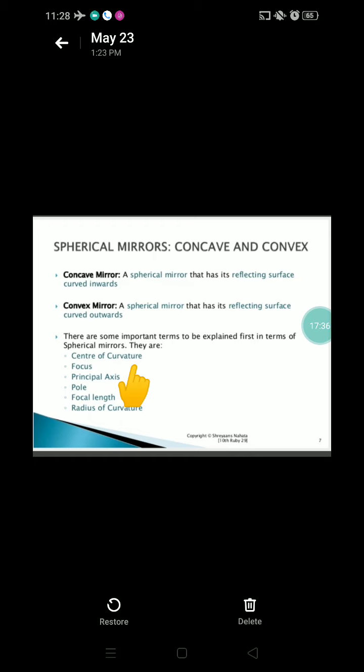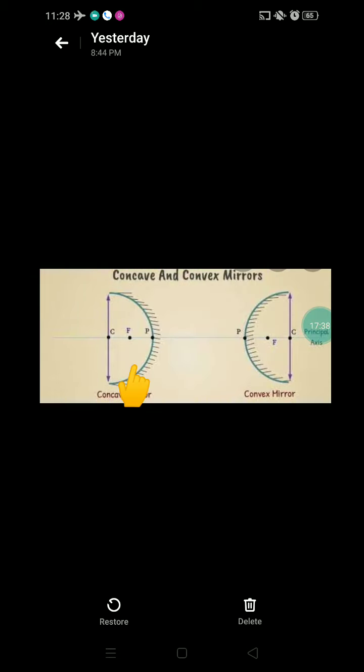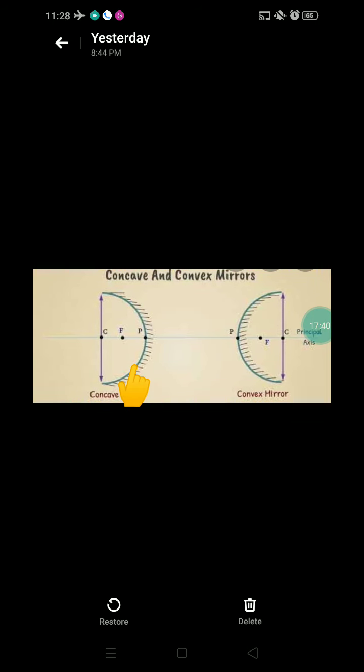One side of the mirror is well polished and reflecting, this side, and the other side of the mirror is opaque, this side. This means this side is opaque, not able to pass the light, and it is often painted red or green.